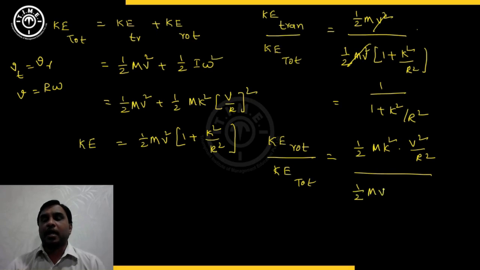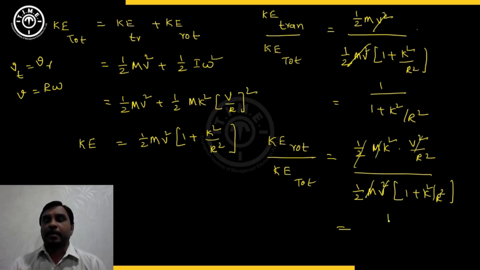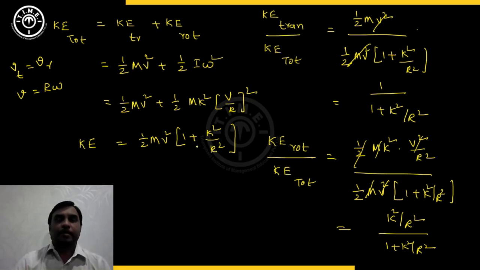Total kinetic energy is half mv square into 1 plus k square by r square. So half mv square gets cancelled. Left with k square by r square, whole by 1 plus k square by r square. These are the formulas you must remember.